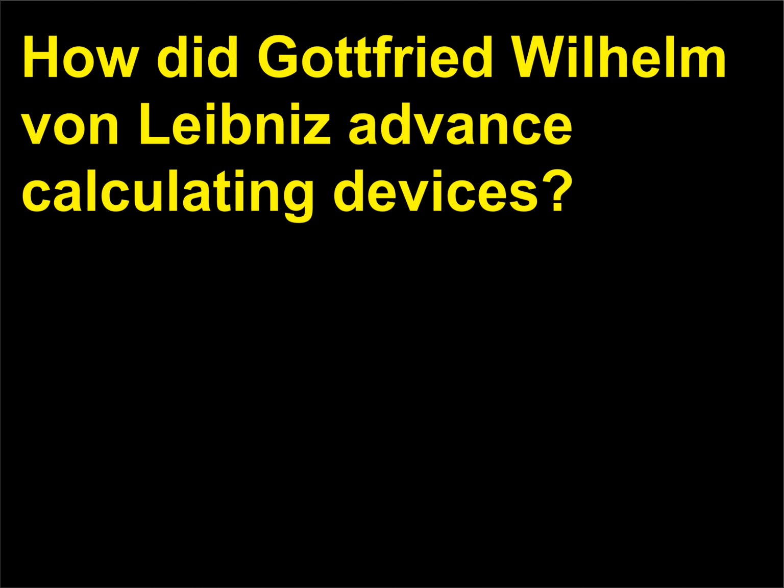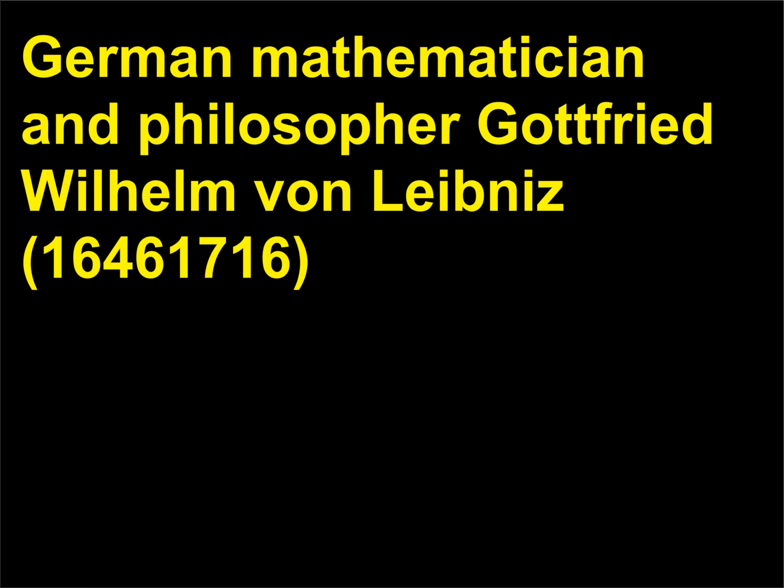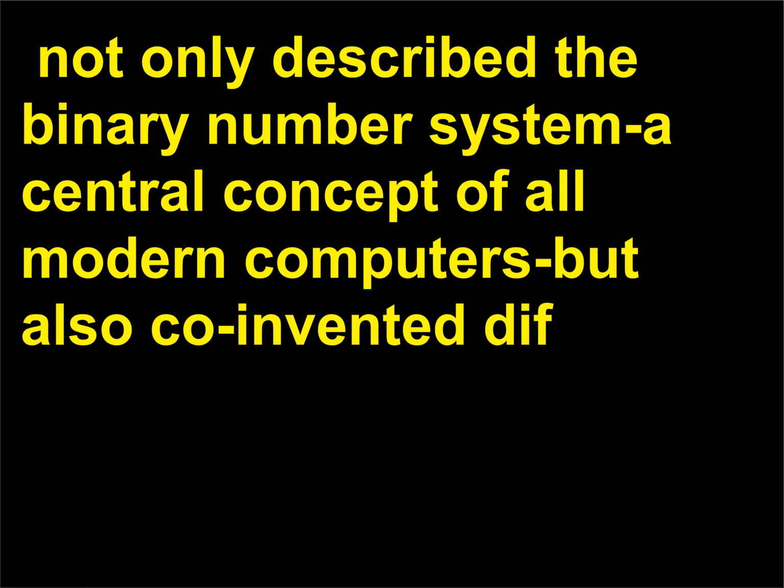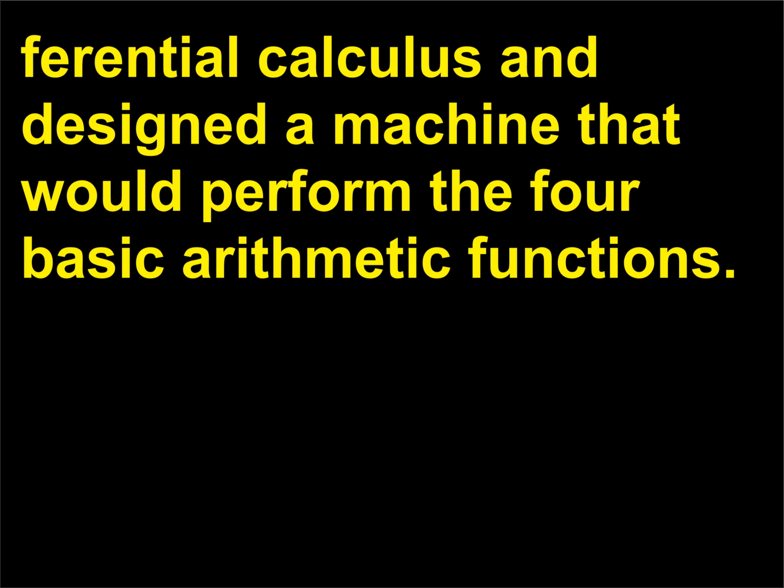How did Gottfried Wilhelm von Leibniz advance calculating devices? German mathematician and philosopher Gottfried Wilhelm von Leibniz, 1646 to 1716, not only described the binary number system, a central concept of all modern computers, but also co-invented differential calculus and designed a machine that would perform the 4 basic arithmetic functions.